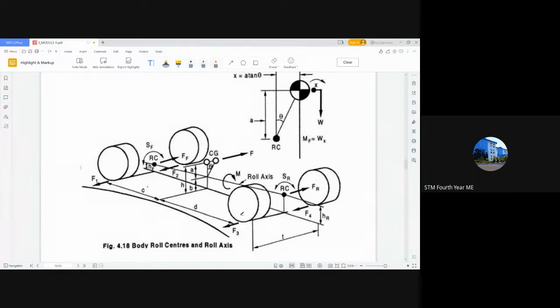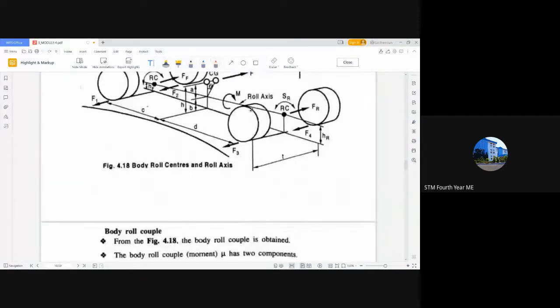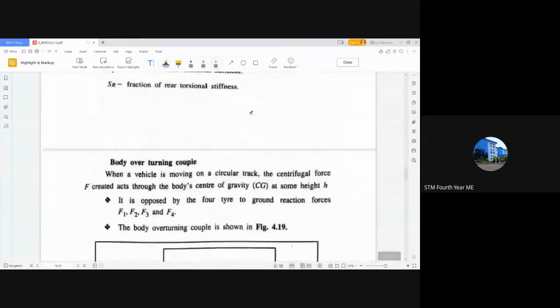If the force F, or more specifically FF, the centrifugal force occurring at the front axle, and FR, the centrifugal force occurring at the rear axle, is greater than the resultant reaction force, then the body flips over. That is what is happening for overturning.